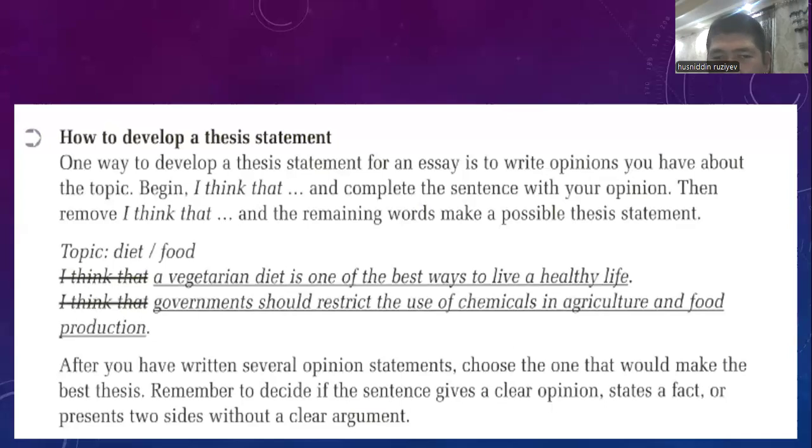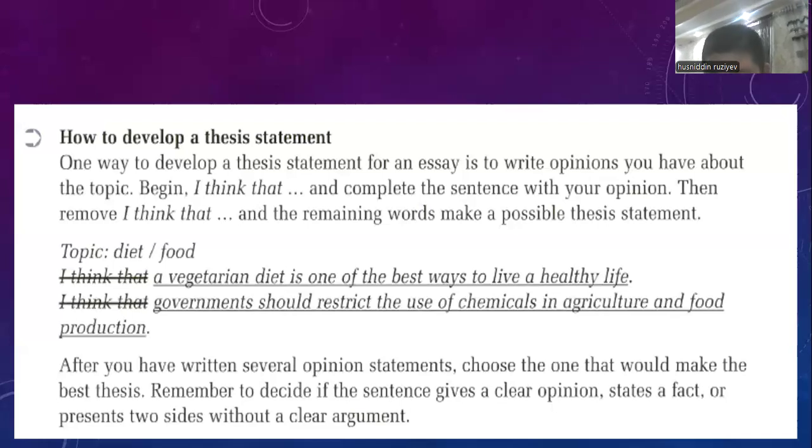For example, the topic is diet or food. Number one, the idea: a vegetarian diet is one of the best ways to live a healthy life. And second one: the government should restrict the use of chemicals in agriculture and food products.